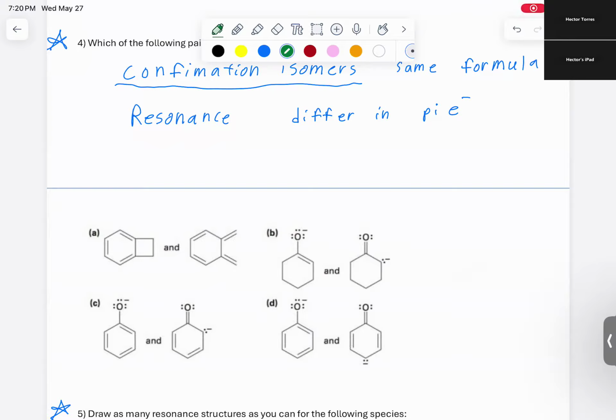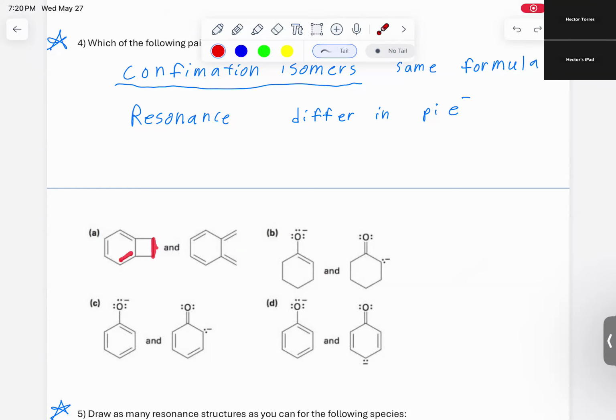Okay, so looking at this first one, the difference is at the beginning we had this bond here. However, it's not there on the second one. Okay, and instead, now we can see the double bonds are in different spots. Oh, there's my laser. Okay, so again, we had this bond here.